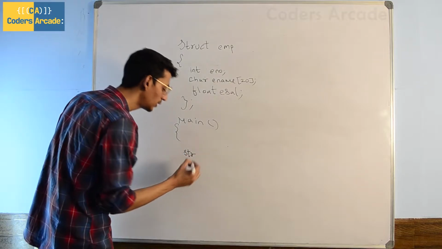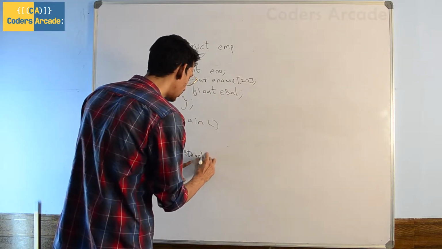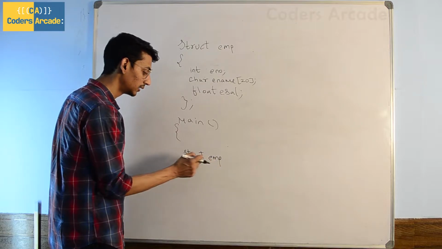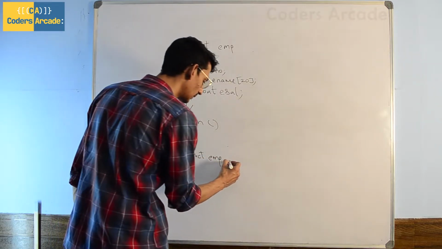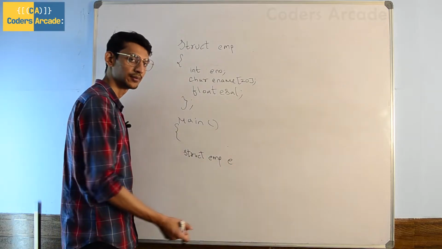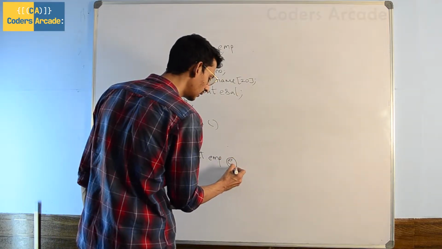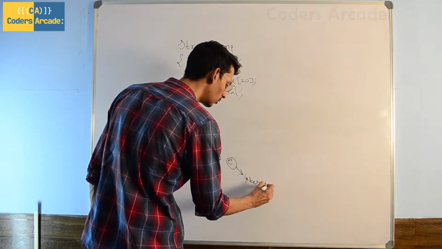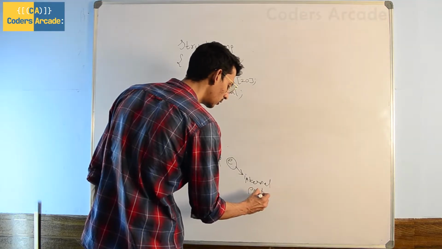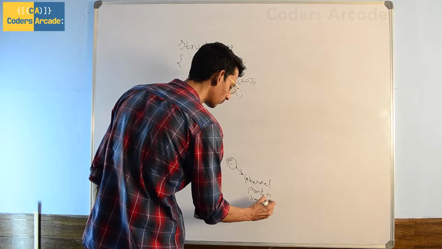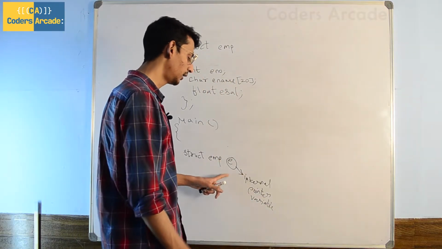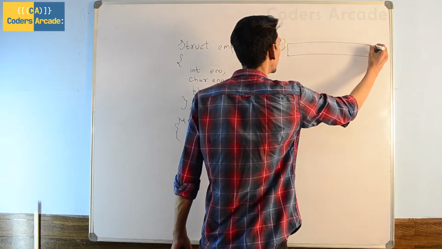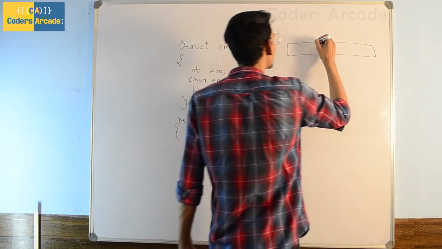For declaring, we are going to give our data type, which is struct employee. It's two words, okay? This is our data type, and then E. This is how we declare our structure. Here E is nothing but an internal pointer variable. What does it do? It points towards the base address of our memory location.